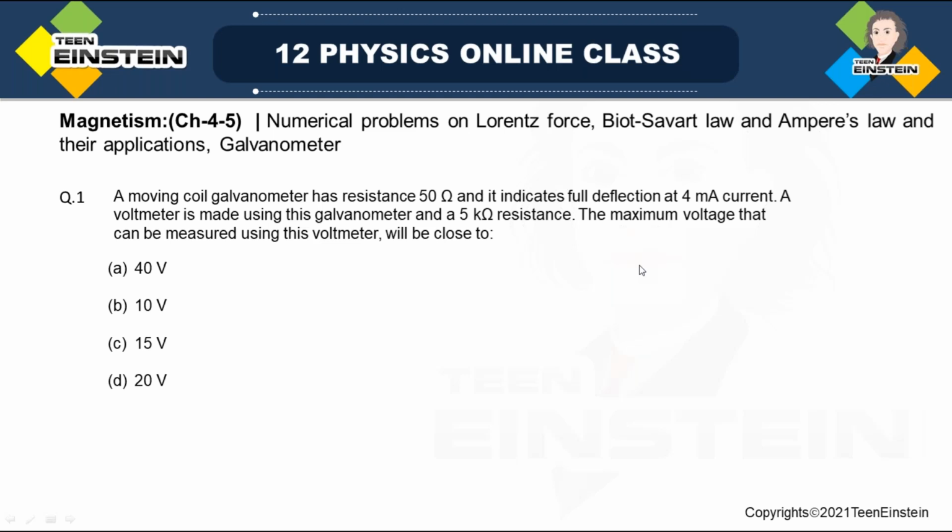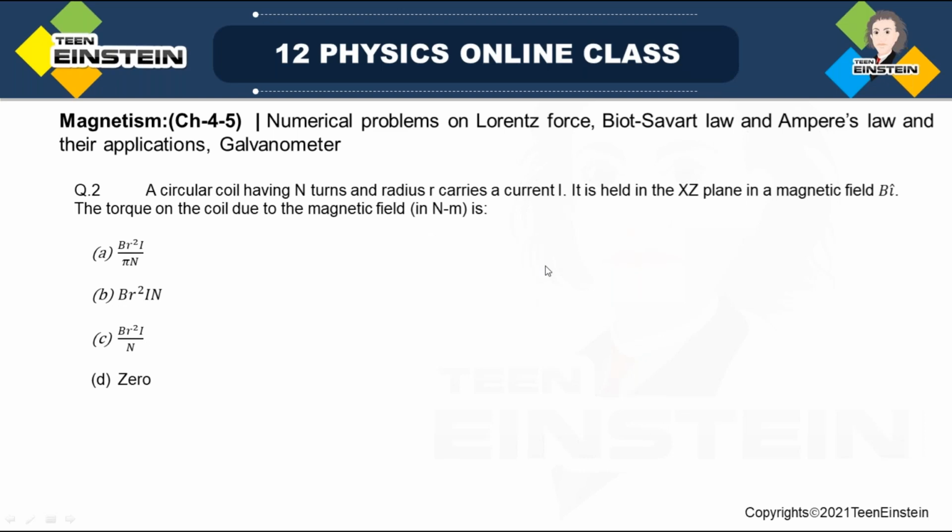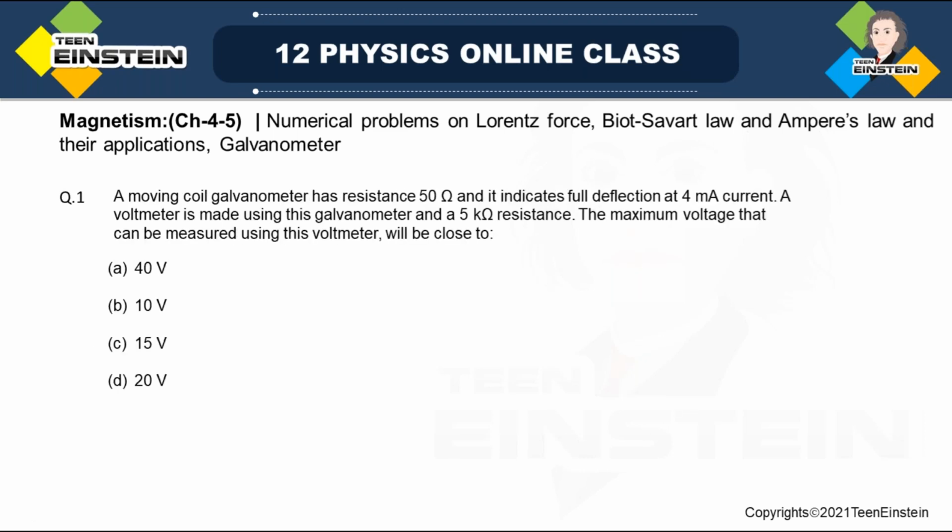So the first problem is: a moving coil galvanometer has resistance 50 ohm.